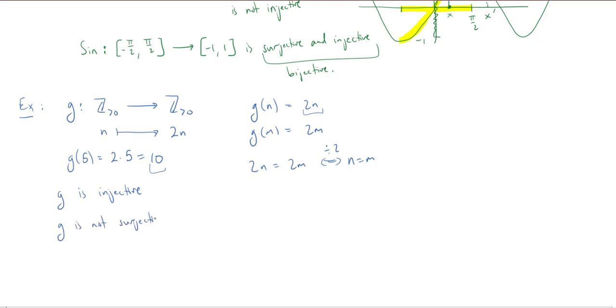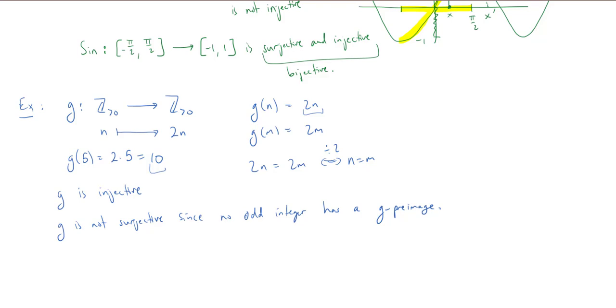In fact, 7 wasn't terribly unique, right? No odd number has a preimage, since no odd integer has a g preimage. So here's a function which is injective but is not surjective.